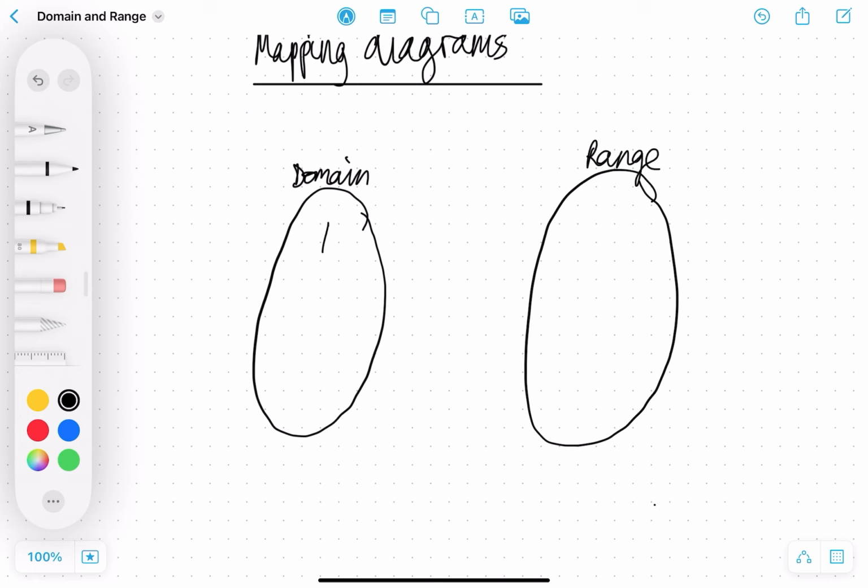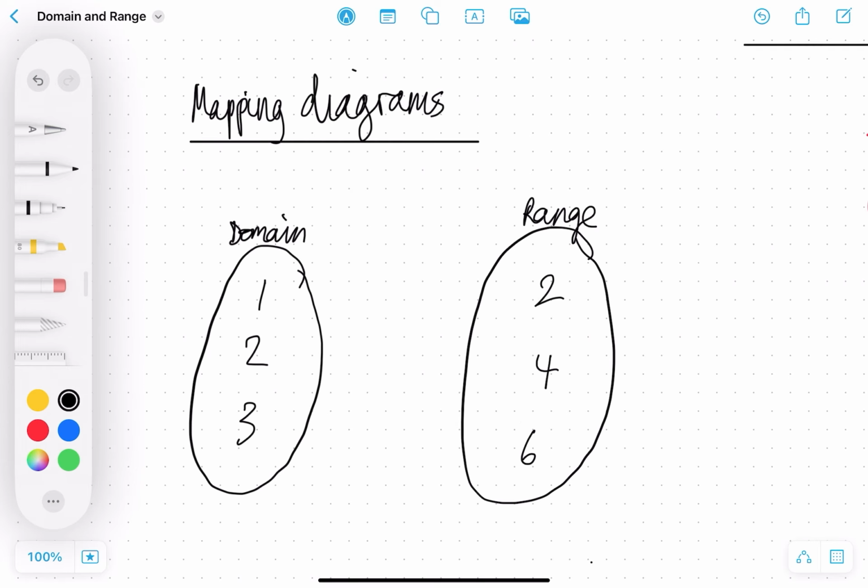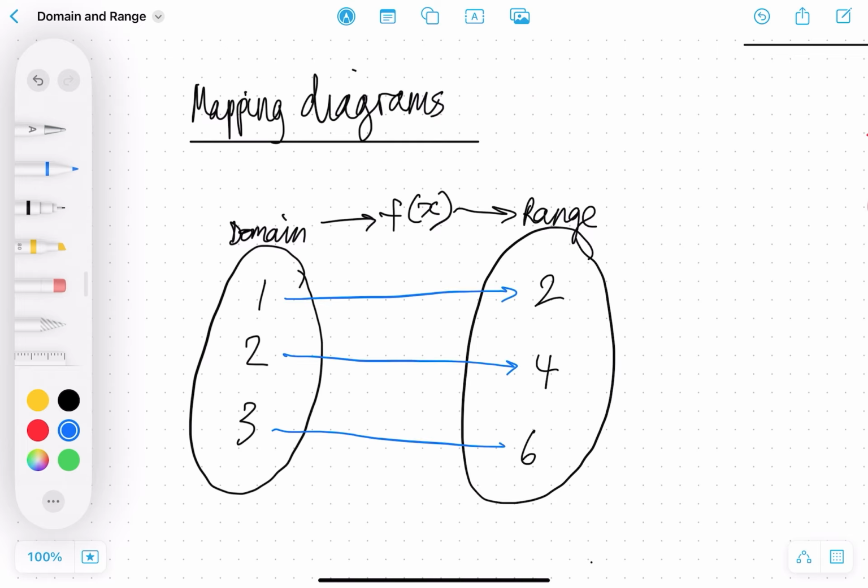We have the possible input values, the possible domain values on this side, and on the other side we have the range. After applying the function f of x to the domain, you get the range. And so we connect each domain value to its respective range value.